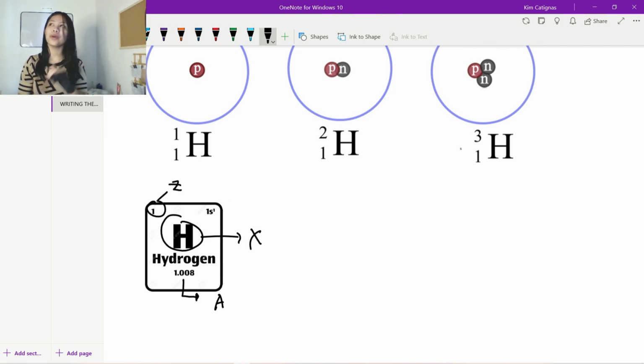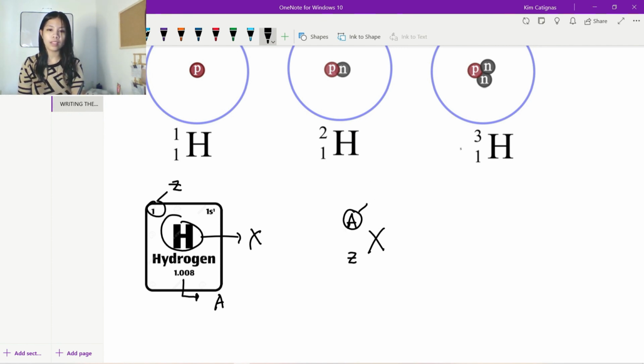So, paano po ba yung way ng pagsusulat ng isotopic symbol? Ganito lang siya. Siyempre, una, isusulat mo muna yung element, which is represented by X. Tapos, sa upper left corner niya dito mo ilalagay yung atomic mass. Okay? At sa lower left niya, or subscript niya, before yung mismong element, ilalagay niyo naman po yung kanyang atomic number.